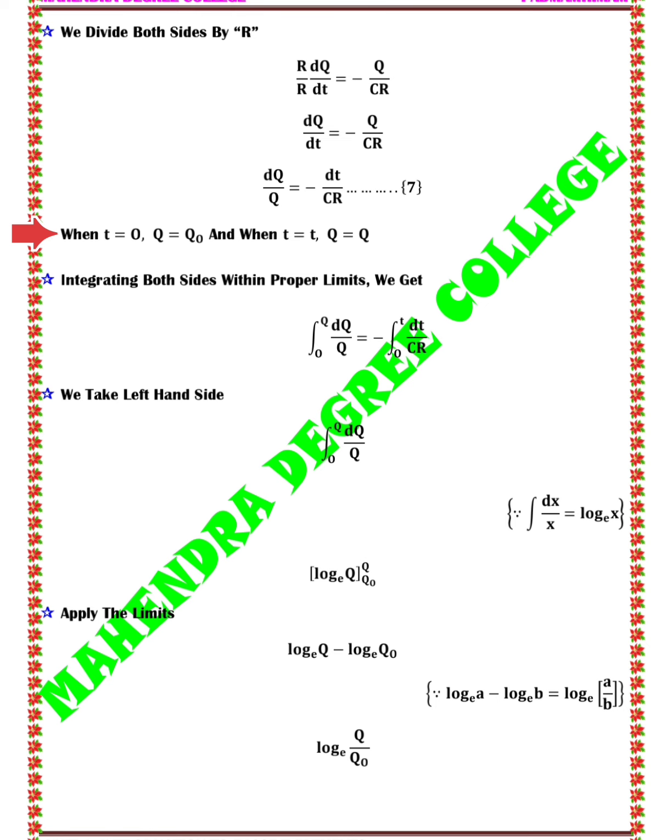When t equals t, the charge q equals q. This means at a specific time t, a corresponding amount of charge q exists. It means that for a given moment in time, there is a particular value of charge present.